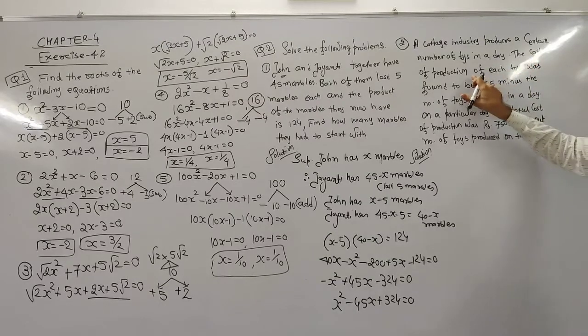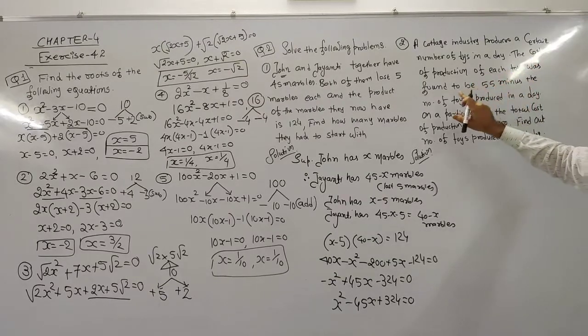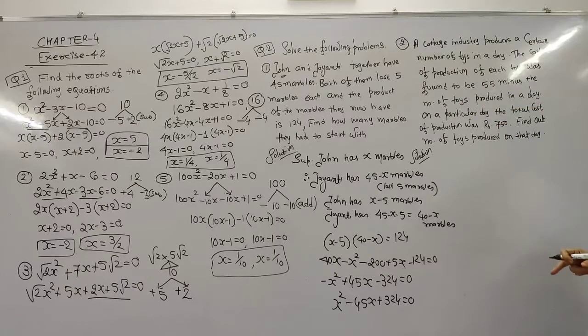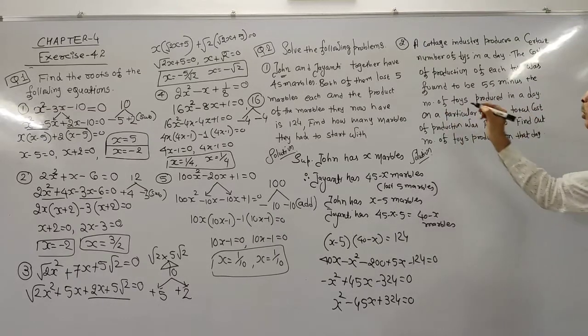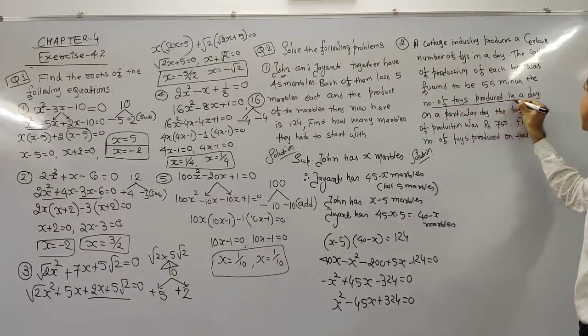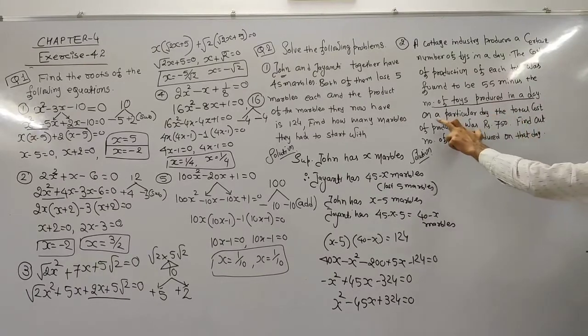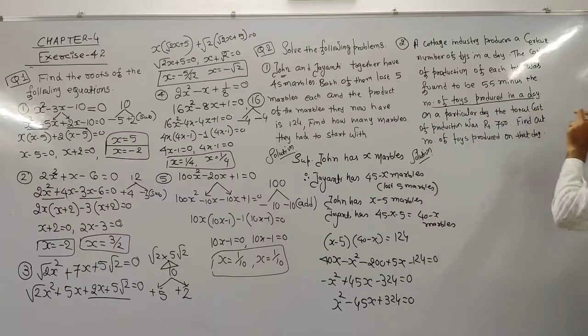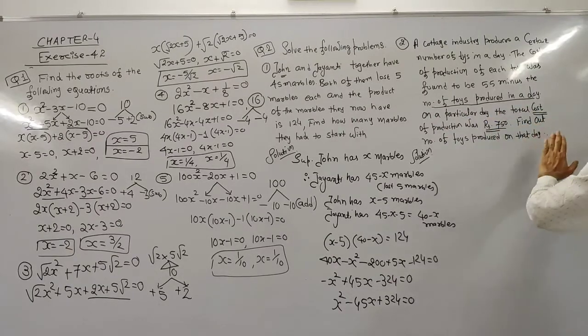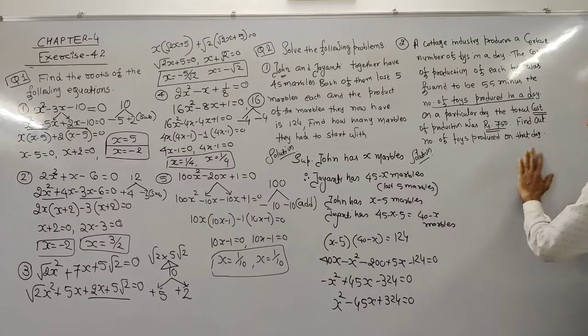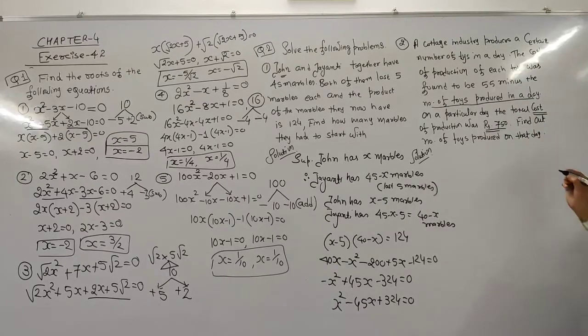The cost of production of each toy was found to be 55 minus the number of toys produced in a day. On a particular day, the total cost of production is given to you, and that is rupees 750. Find out the number of toys produced on that day.